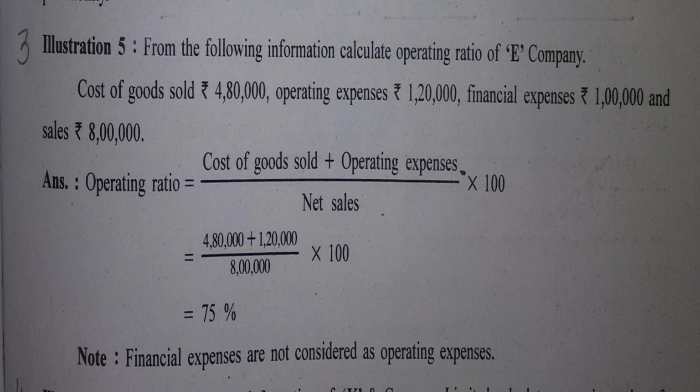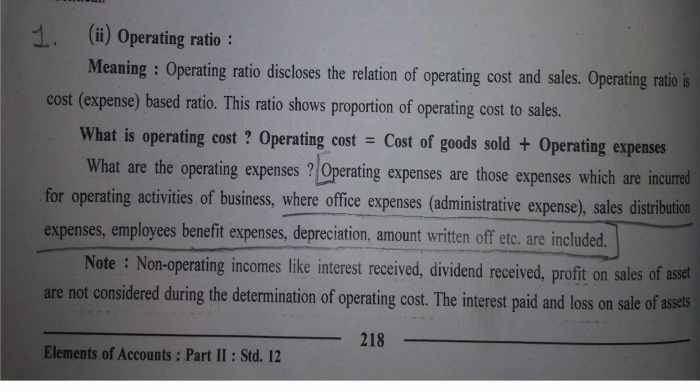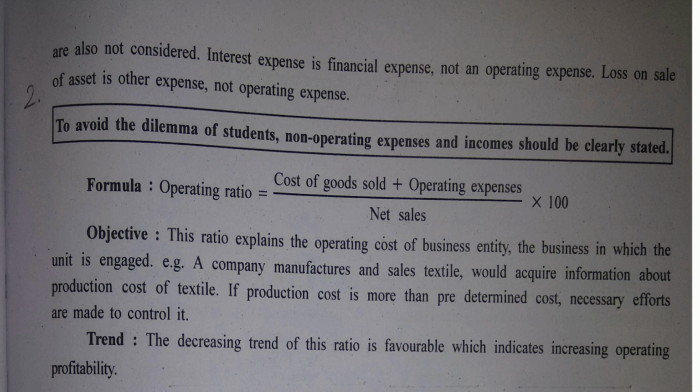The question here is why I did not consider financial expenses. Because financial expenses are not a part of operating expenses. Operating expenses include only administrative, sales and distribution, employee benefit expenses, depreciation, and amount written off. Interest expense is a financial expense, not an operating expense.